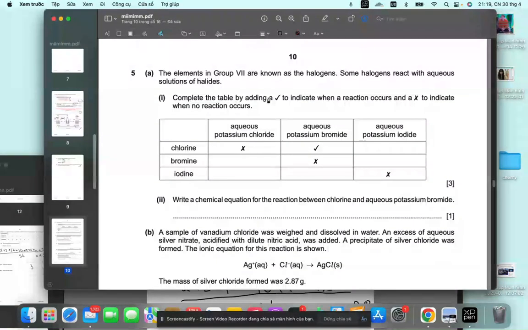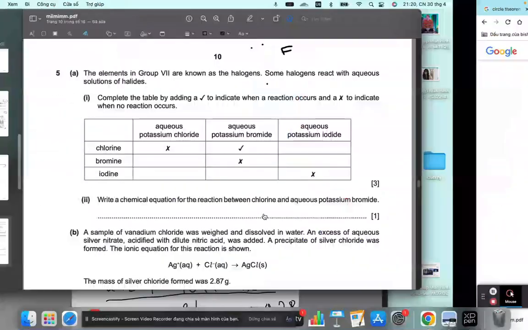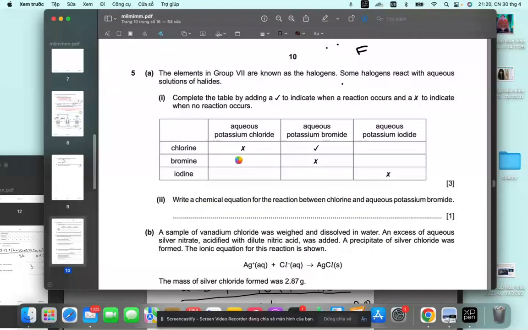The elements in group 7 are known as halogens, aqueous solutions of halides. Okay, so we know it's the most reactive at the top and the least reactive at the bottom. So fluoride, chloride, bromide, iodide. Okay, chloride and bromide. Let's pull out our periodic table. Chloride goes first. It is more reactive than bromide, so there would be a reaction here. And chloride and iodine.